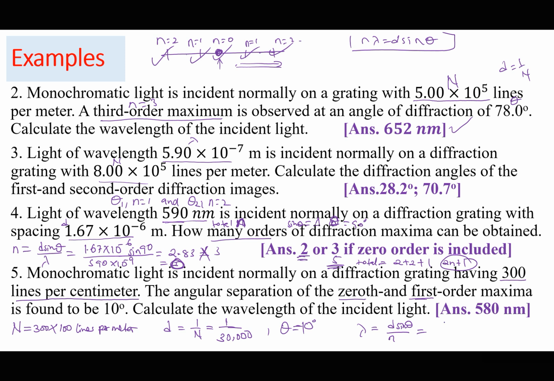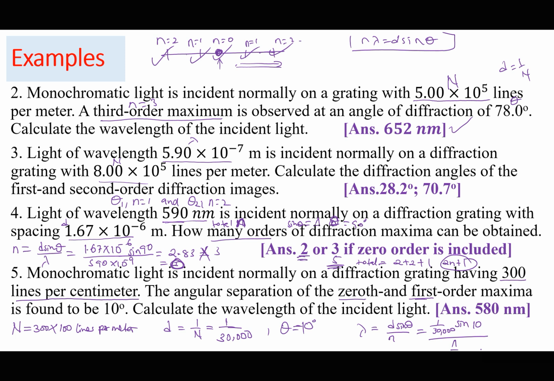Where there is d, I'm putting 1 over 30,000, sine of 10 divided by n, which is 1. So I have sine of 10 divided by 30,000.